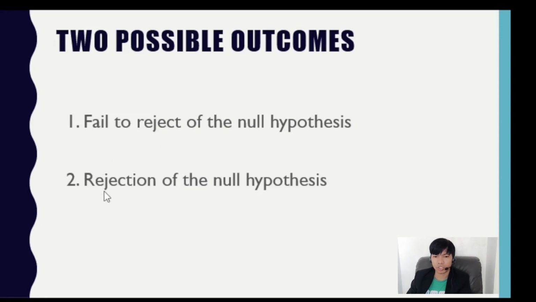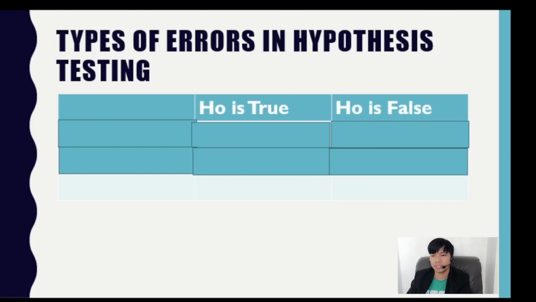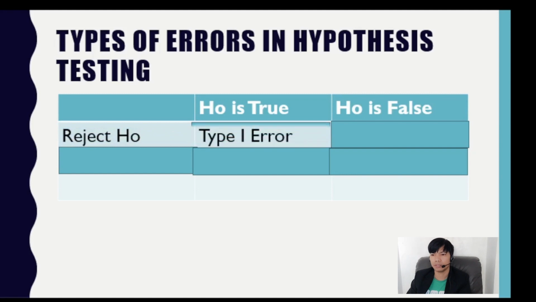Now, once you've reached a decision, there's a chance that errors might occur in your judgment. It's possible to make either a type 1 or a type 2 error in the process. So what is a type 1 or type 2 error? Your null hypothesis can either be true or false. If you reject the null hypothesis while it's true, you're committing a type 1 error, because you should be rejecting it when it's false.